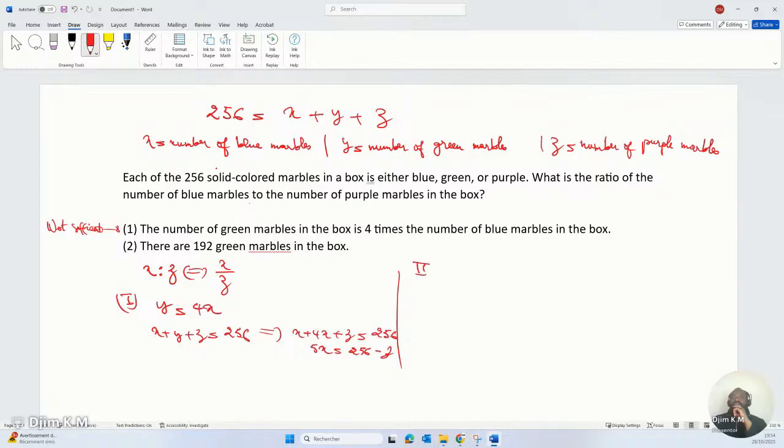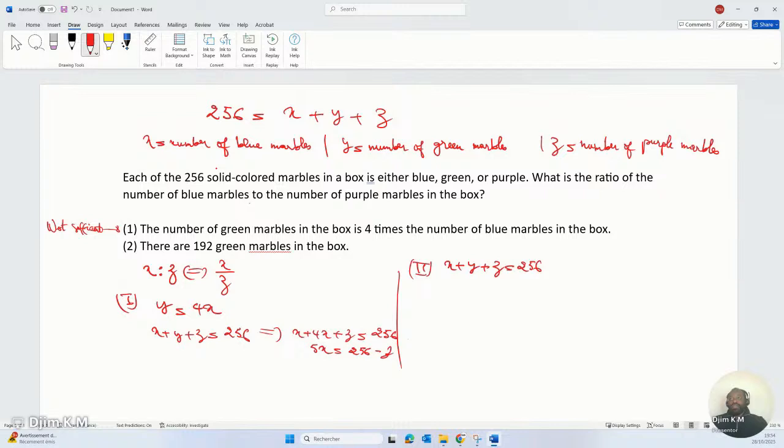Now if we take the second condition, it says that there are 192 green marbles in the box. So we will have x plus y plus z equal to 256.